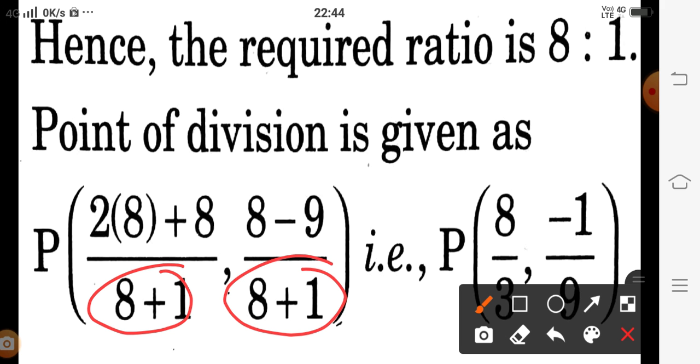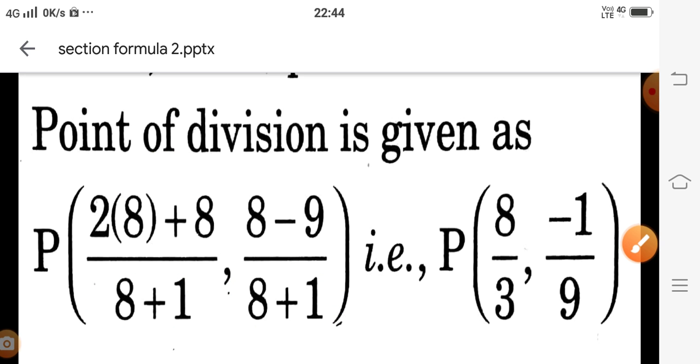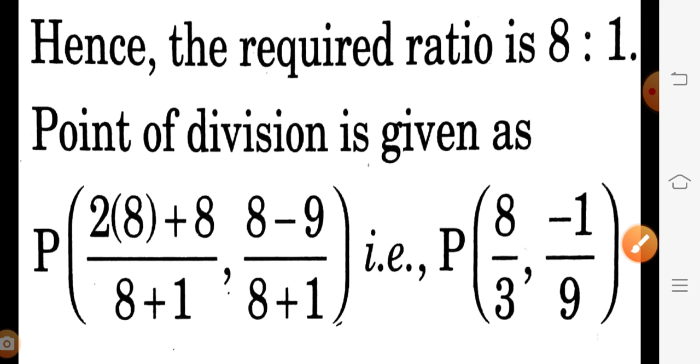Same for the y coordinate, we are getting (8 - 9)/(8 + 1), and on solving, 16 + 8 upon 9, then we are getting the values 8/3 and -1/9 as the required coordinate of the point, which is the intersection point of the given line segment and the given line.